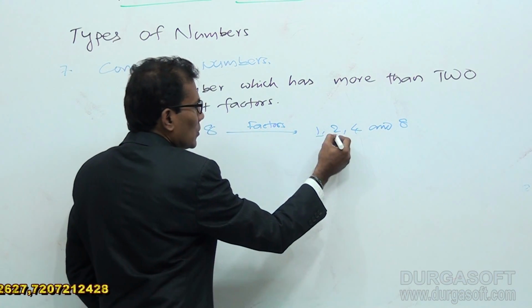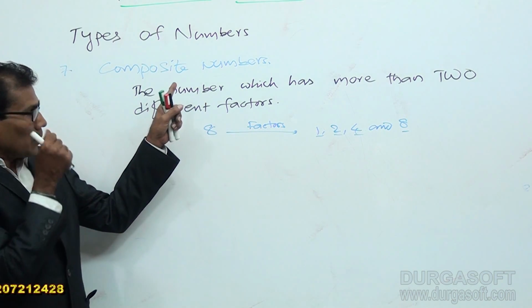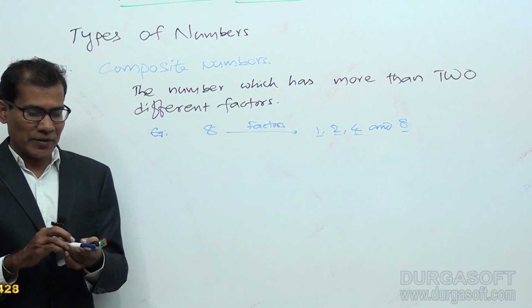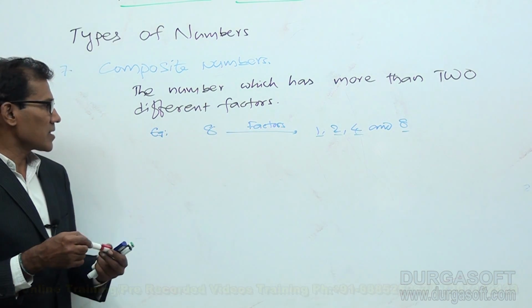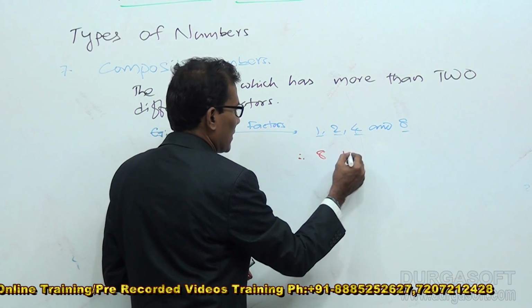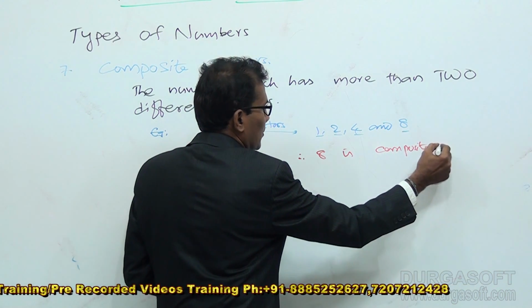It has 4 factors. What is a composite number? The number which has more than two different factors. It has 4 different factors. That's why this is a composite number. Therefore, 8 is a composite number.